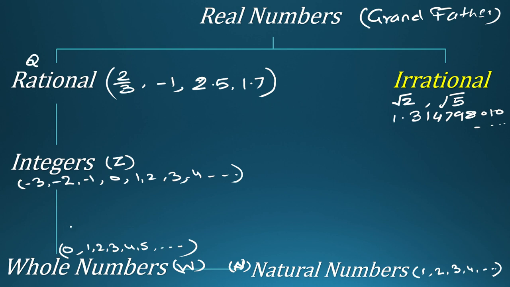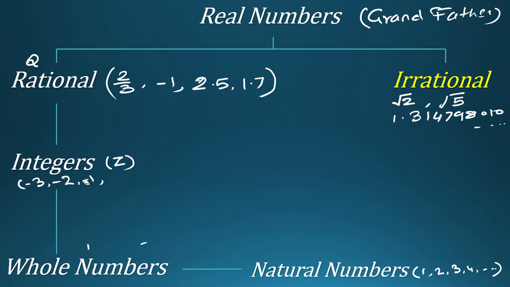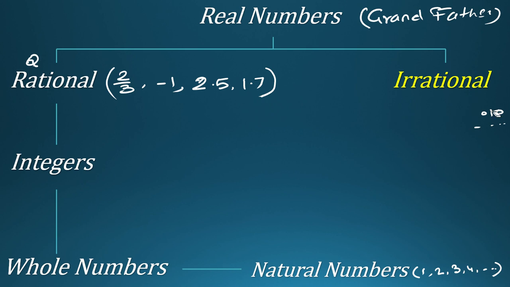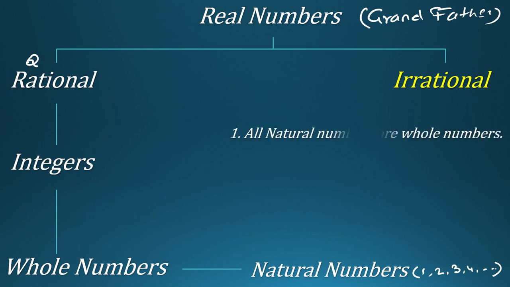Okay. Now, there are some other statements also that you need to understand. Try to understand them. Every sentence, every statement, you will try to understand in a better way. Okay. And if you have any confusion, you can write in the comment. Okay. I will again clarify this. Now, the first statement is, all natural numbers are whole numbers. Everyone, try to understand.